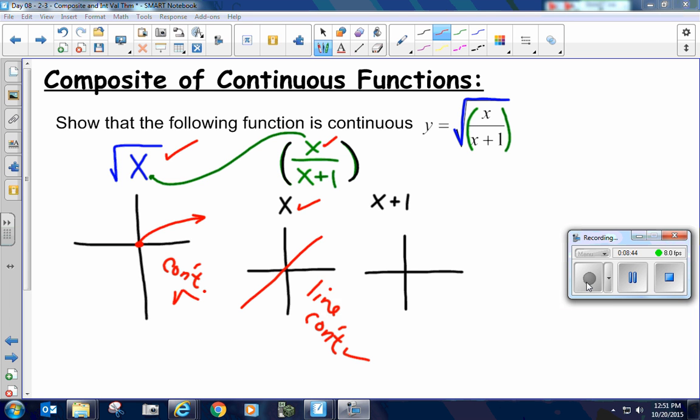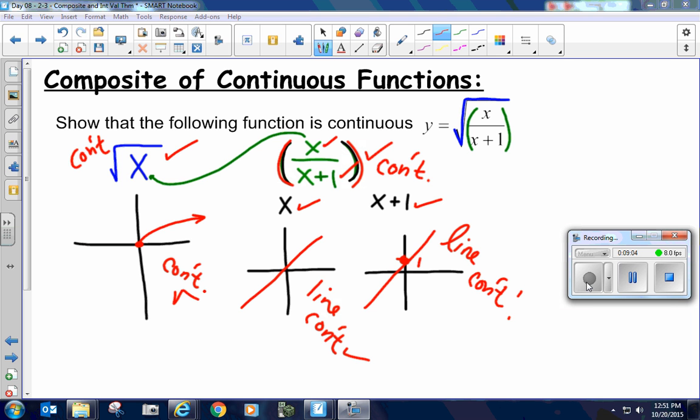This is the same line, just moving up 1. So that is also a line that is also continuous, which means bang, bang, which means the whole fraction is continuous. Now, my square root is continuous. My fraction here is continuous. Therefore, the composition of the two would be continuous.